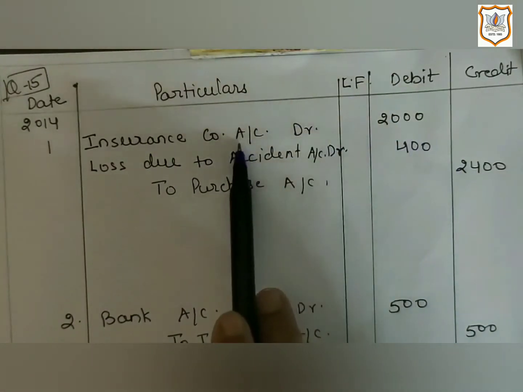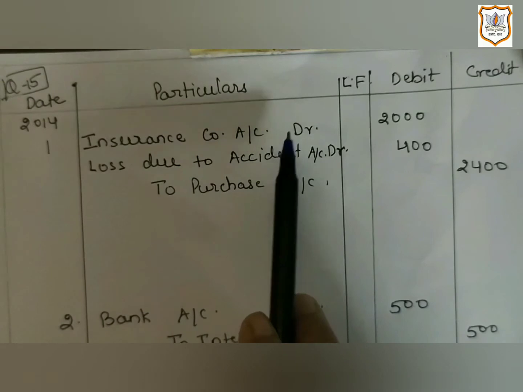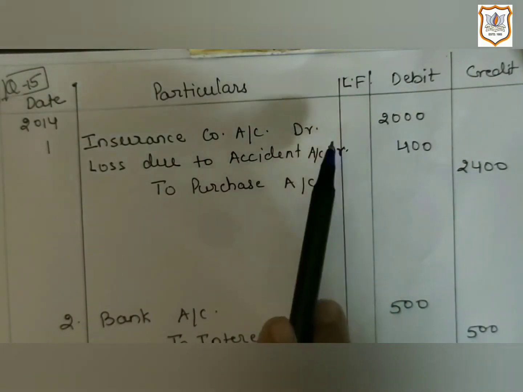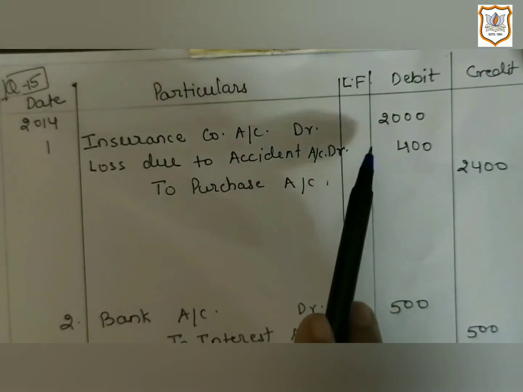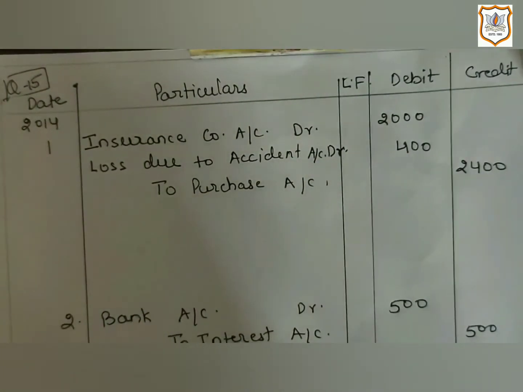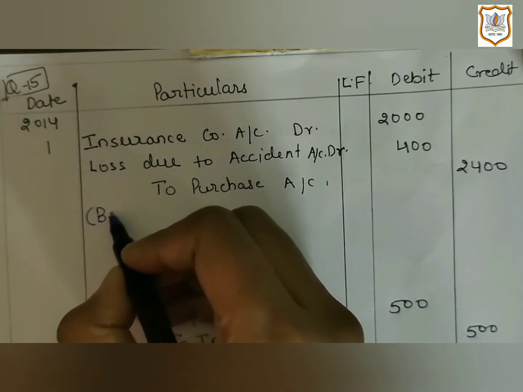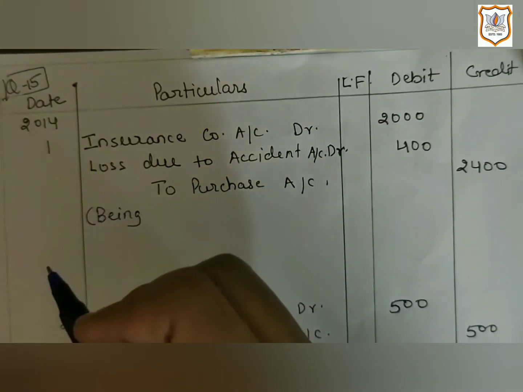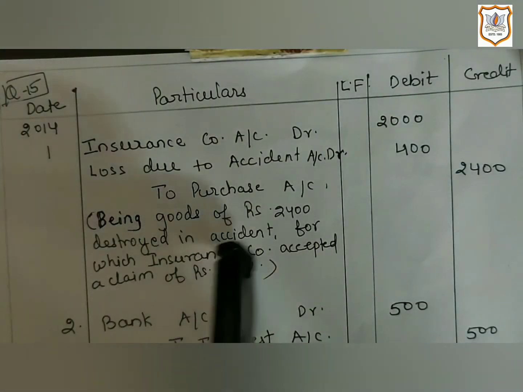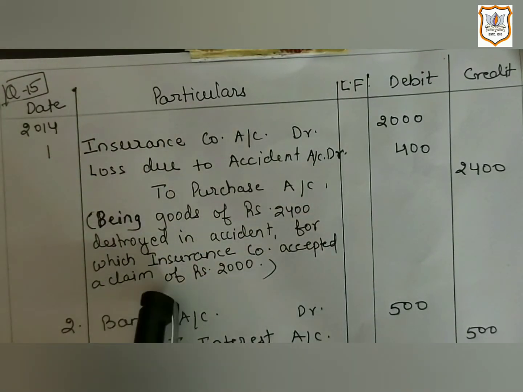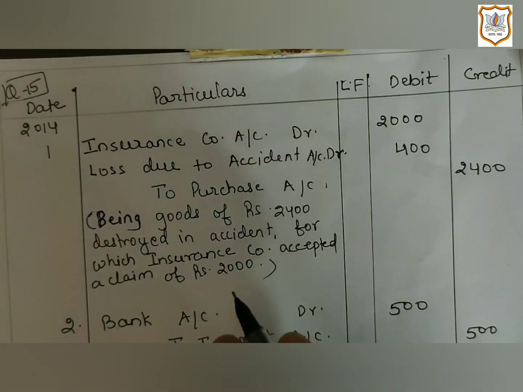So if the insurance company is admitting a claim of rupees 2000, then 2400 minus 2000, that means 400 is the loss of business. So here we will write the narration: Being goods of rupees 2400 destroyed in accident for which insurance company accepted a claim of rupees 2000. So that's all we have to do here. Simply we have to write narration.